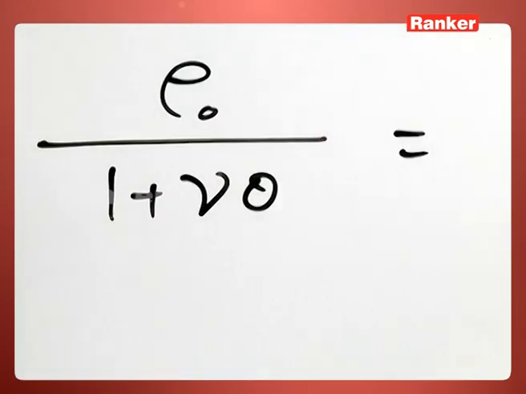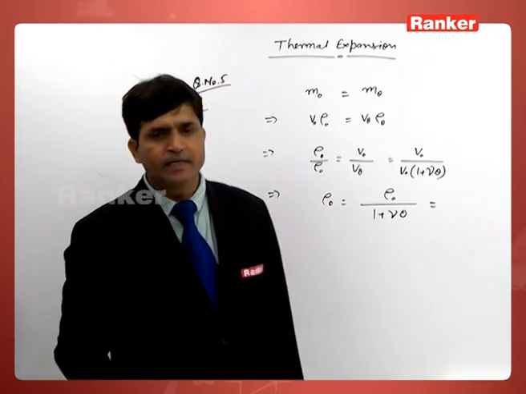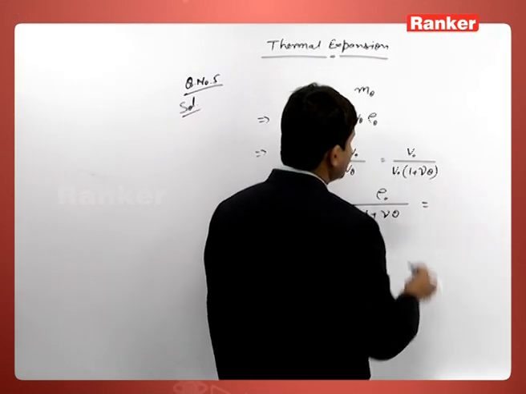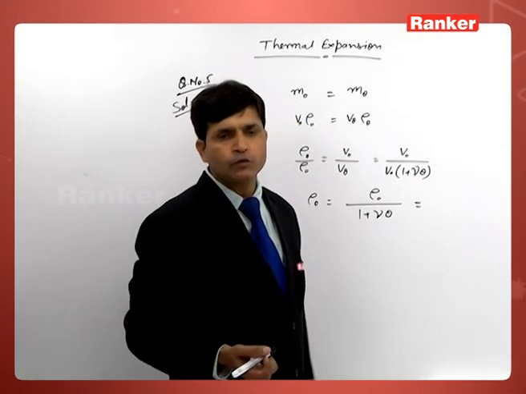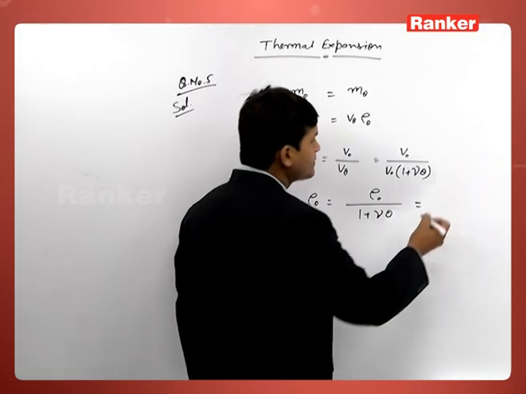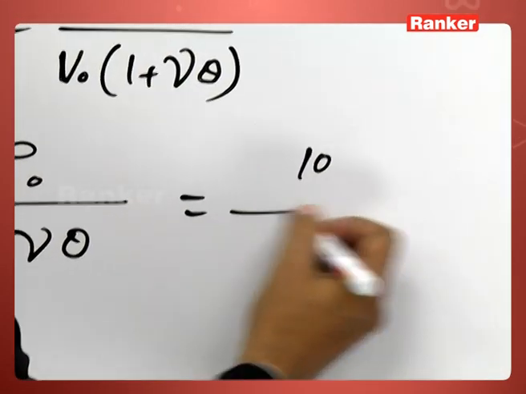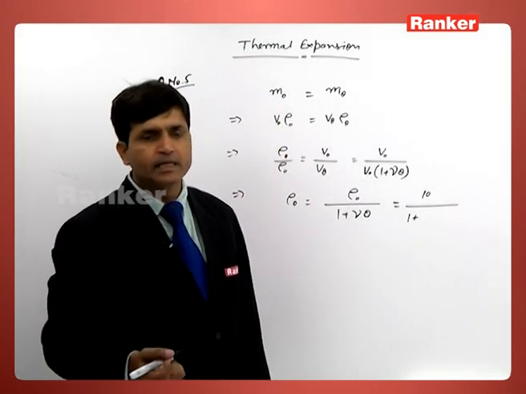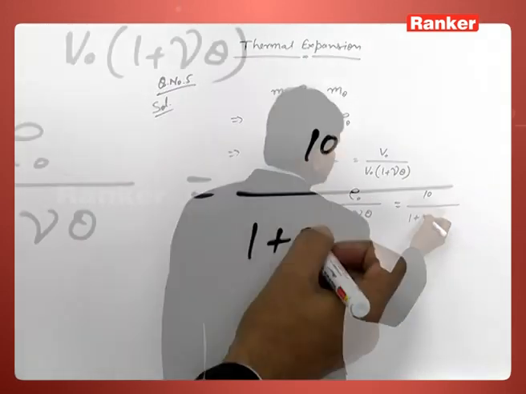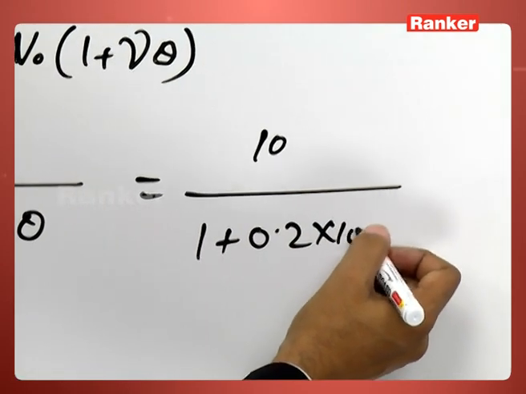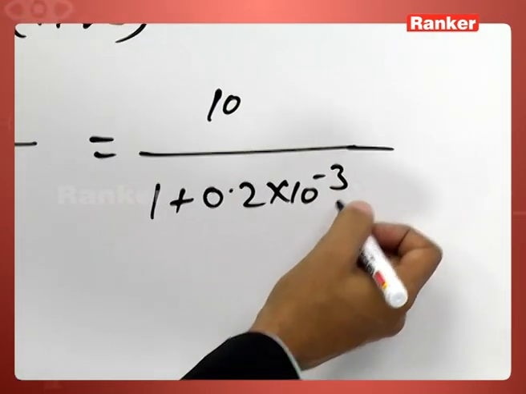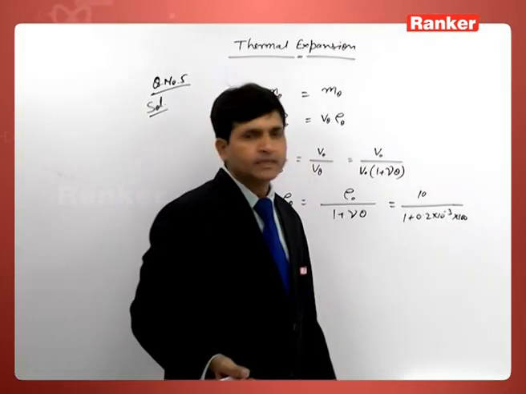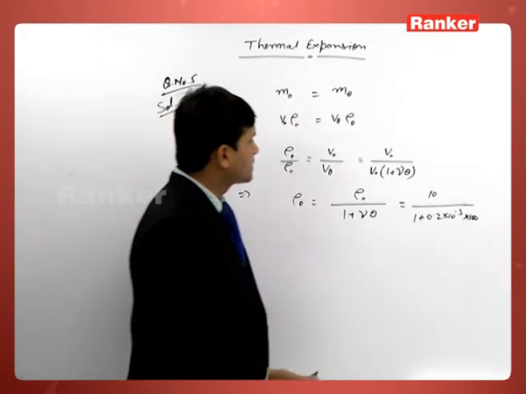Now substitute the values. Gamma is given here as 0.2 into 10 power minus 3. Density at 0 is given as 10 gram per cubic centimeter. So 1 plus gamma, 0.2 into 10 power minus 3, and theta is 100 degrees. Now we can simplify.